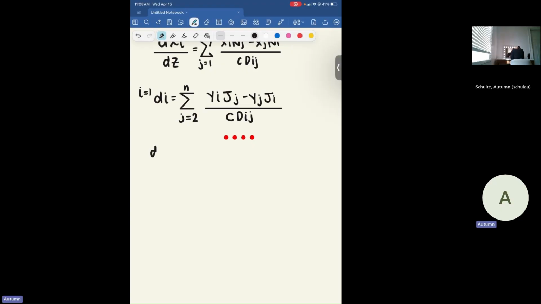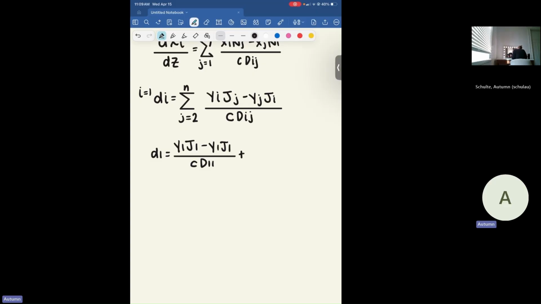So we're going to have the driving force of component 1 is equal to the mole fraction of component 1 multiplied by the molar diffusive flux of component 1 minus the mole fraction of component 1 times the molar diffusive flux of component 1 divided by our overall molar concentration and our diffusive constant of components 1 through 1.